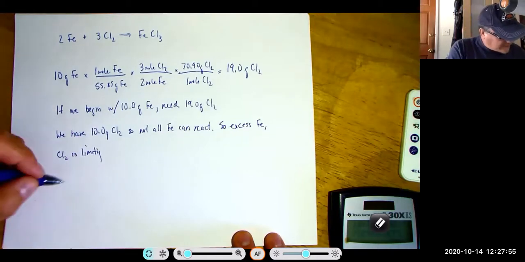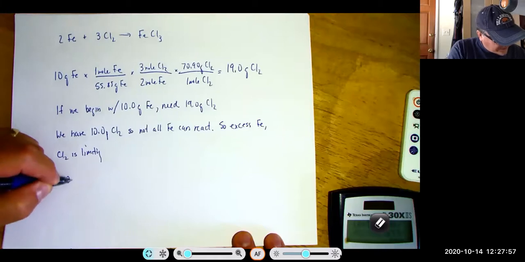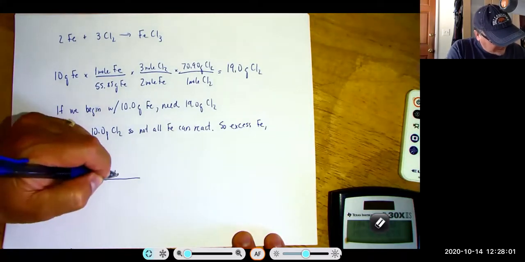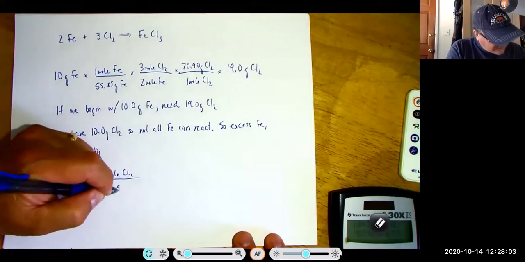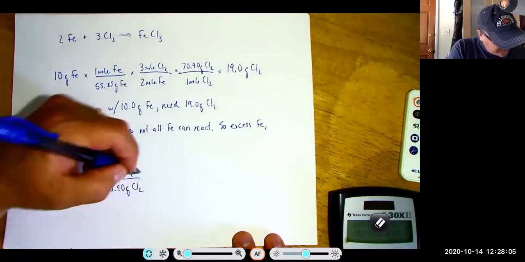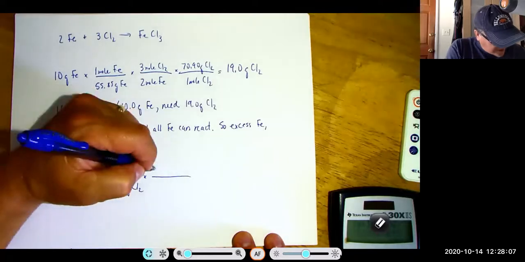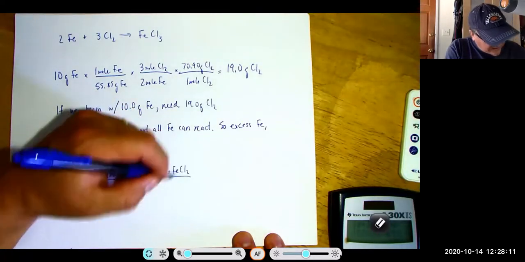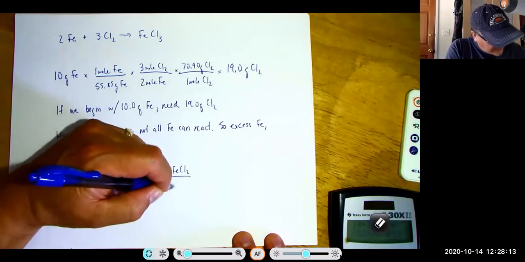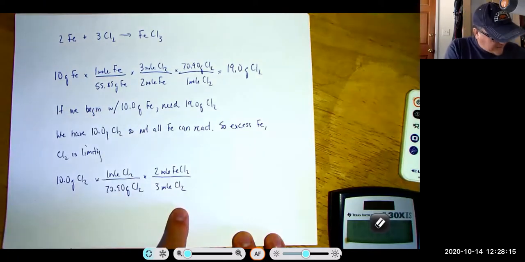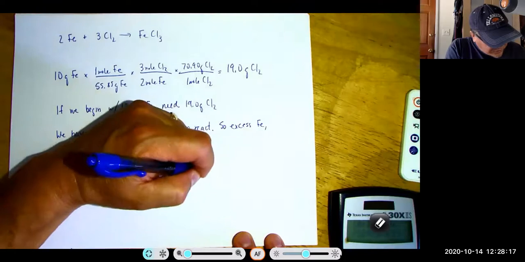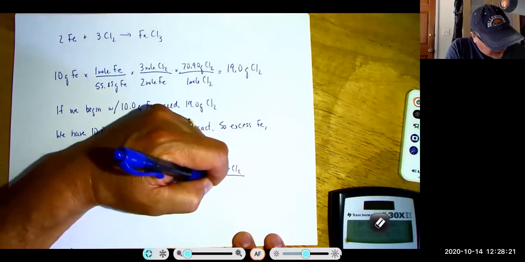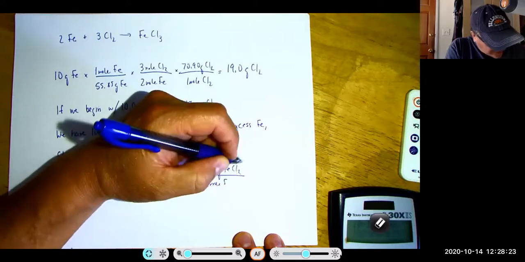So now what we have to do is take our 10 grams of chlorine, multiply by 1 mole of chlorine for 70.90 grams of chlorine, times 2 mole of iron 3 chloride and 3 mole of chlorine, and then times 162.2 grams of iron 3 chloride per 1 mole of iron 3 chloride.